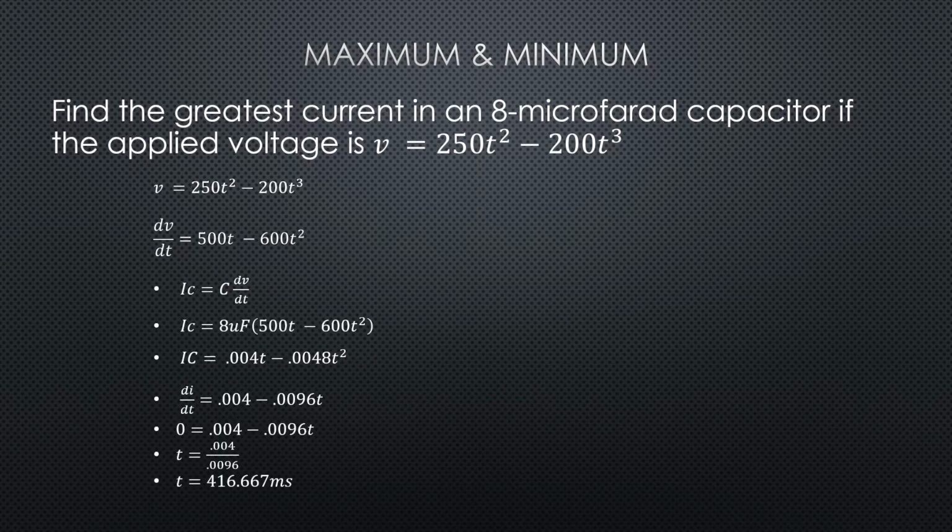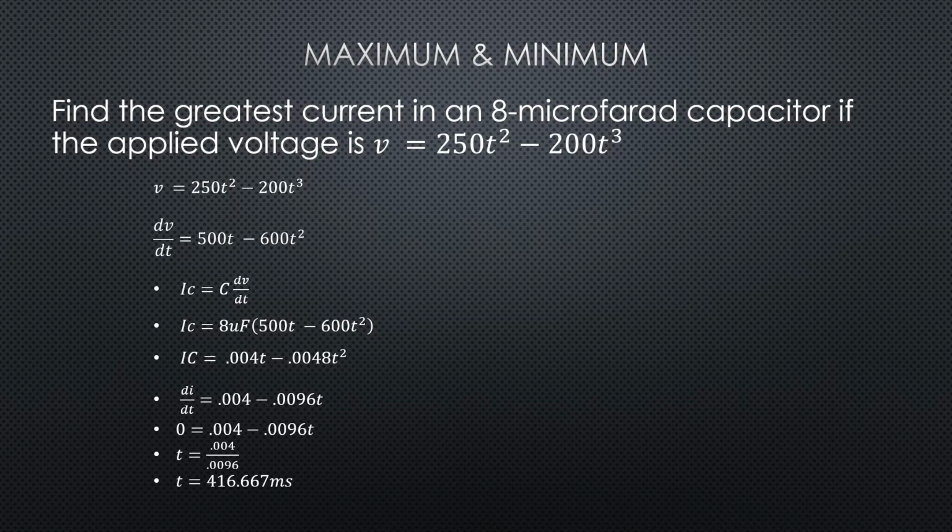So how are we going to find the greatest current in this question? We've got our IC, we know IC is equal to C dV/dt. So if we take the derivative of V, we get 500T minus 600T squared. Now we can take the 8 microfarads and multiply that through, and we've got IC in terms of T. So we've got I and T now, and that's what the original question was, what's the greatest amount of current?